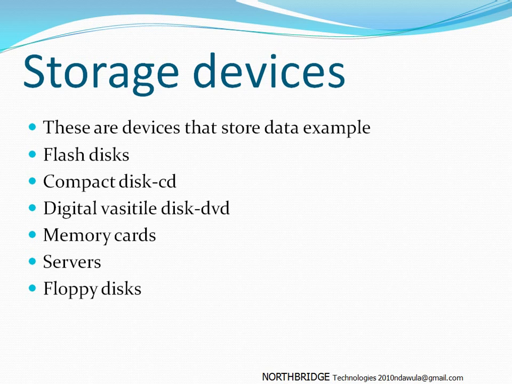Compact discs are less in size compared to digital versatile discs. The compact disc may range at around 700 MBs, but digital versatile goes up to 4 point something, maybe 4.7 GB. So DVDs are bulkier than compact discs. Then we have memory cards, we have servers, then we have floppy disks.